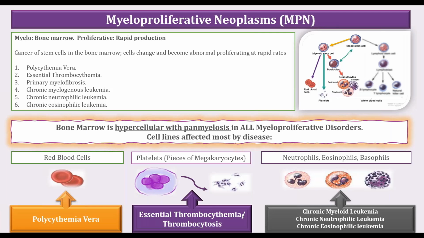Platelets are actually pieces of megakaryocytes. ET is associated with too many platelets in the blood, but these platelets come from megakaryocytes. We'll talk a little bit more about that in an upcoming slide. And then when there's basophilia, this is CML. Neutrophilia, this is CNL. And when there's eosinophilia, this is CEL.